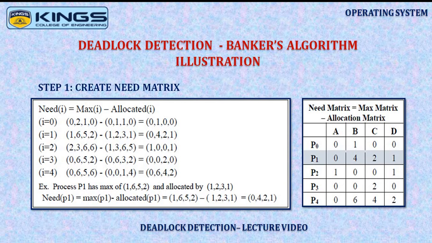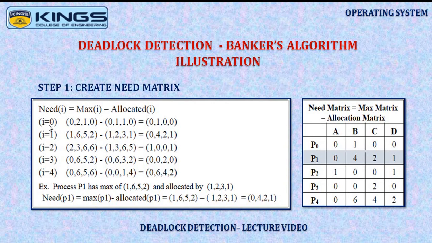Now what is this need matrix? The maximum resource requirement for a process minus allocated is the need matrix. So maximum requirement minus whatever is allocated is the need requirement. As per the illustration, this denotes process 0.